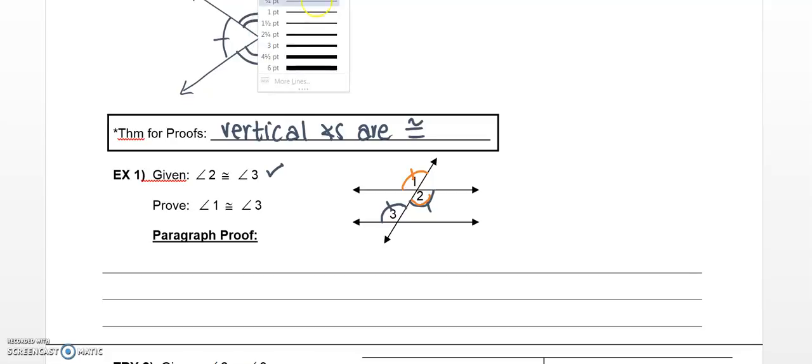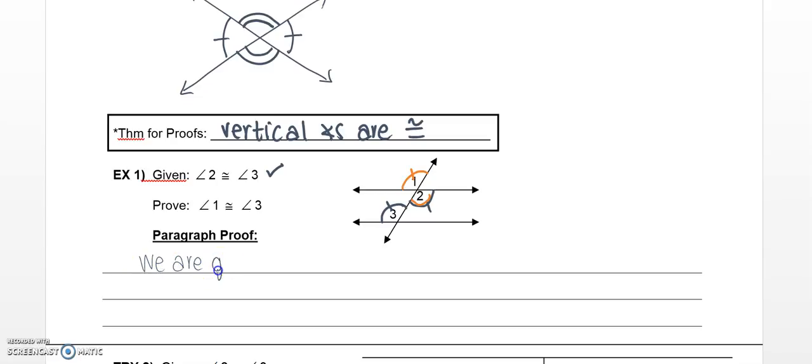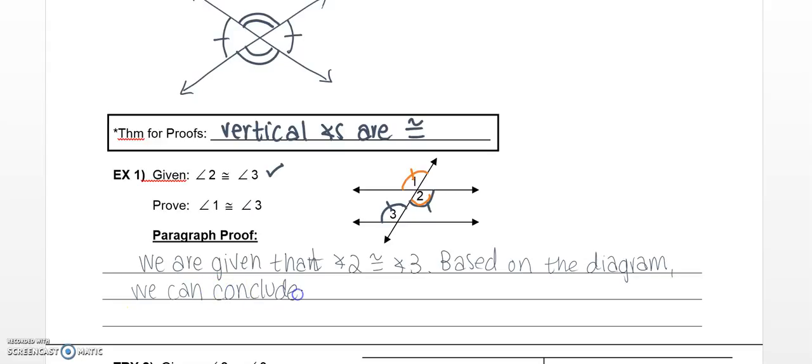So let's start with first our given. We'll start with: we are given that angle 2 is congruent to angle 3. Based on the diagram, we can conclude that angle 1 and angle 2 are vertical angles.